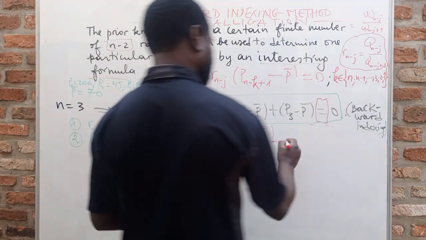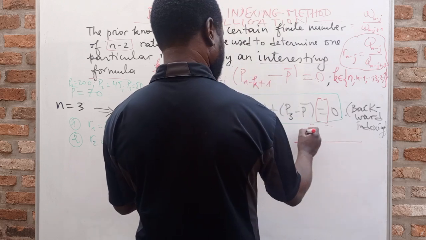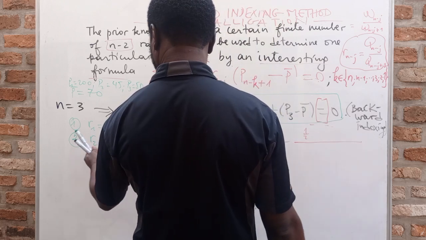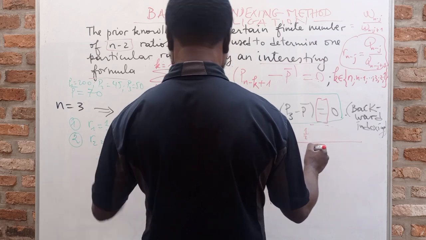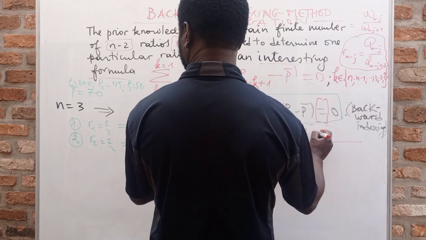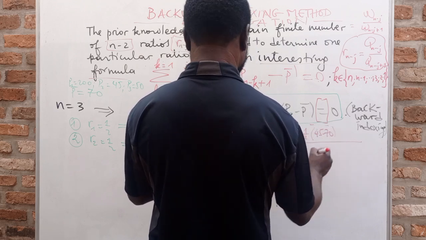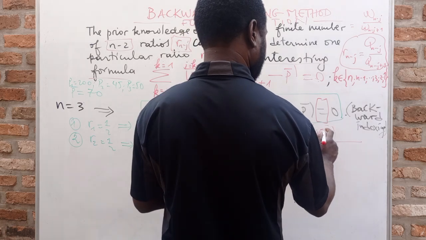Finally, substitution, with the negative in the numerator. R sub 2 is a half; the second ratio is a half. Then P sub 2 is 45 minus 70, where 70 is the mean value.